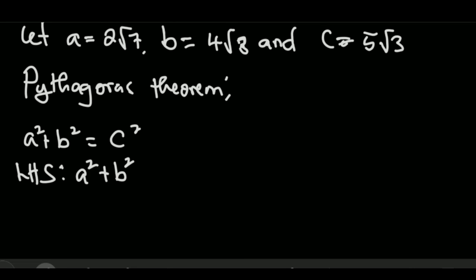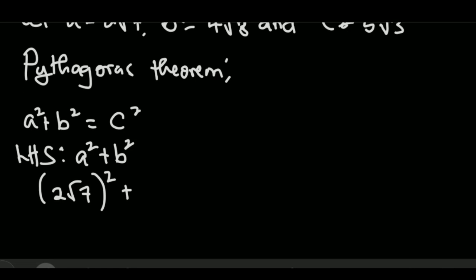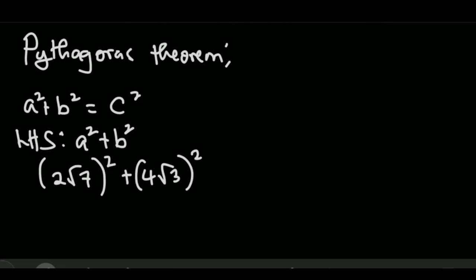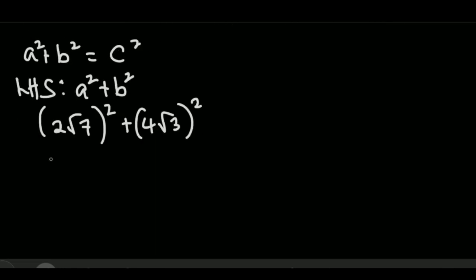So left hand side is A squared, which is 2 root 7 squared, plus B, which is 4 root 3, squared. Now from here you distribute the square inside, so 2 squared is 4, multiplied by square root of 7 squared, which is 7.